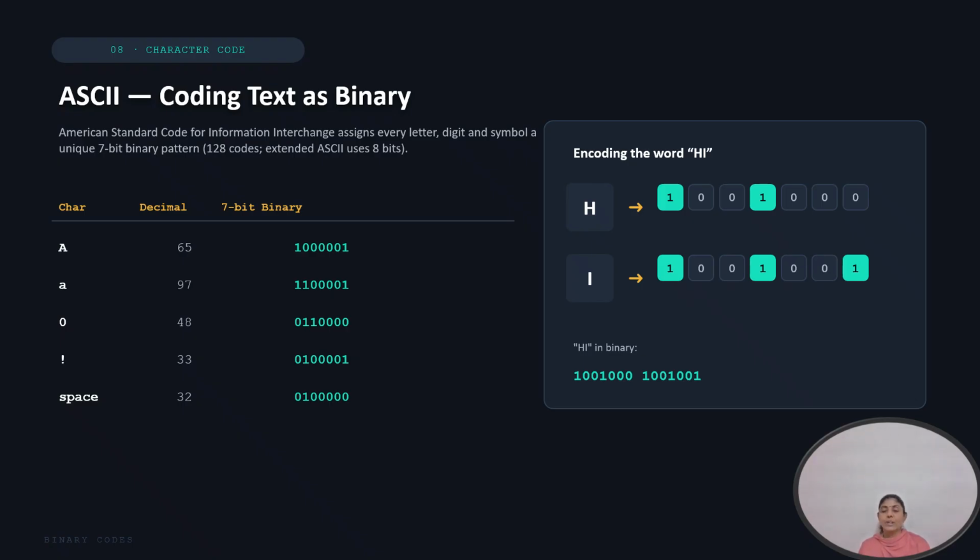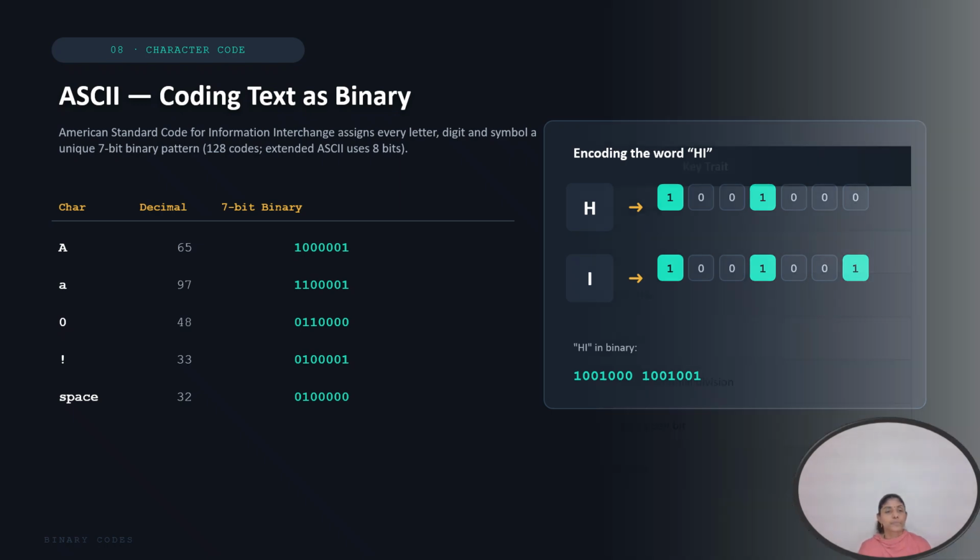So for H, which is coded as a 7-bit binary pattern as 100100, and I as 10010001. So hi should be written in binary as 1001001001. So this is ASCII coding, right?